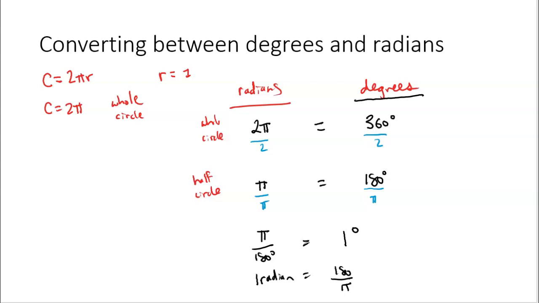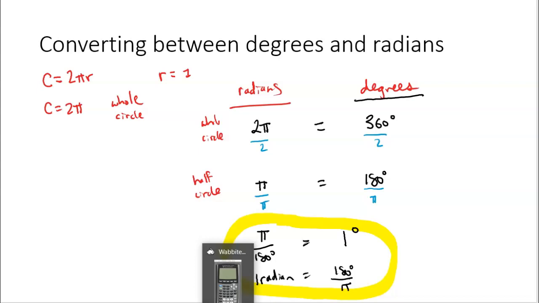So these two pieces of information that I'm going to highlight are going to be used in our converting. I want you to think about pi over 180 being 1 degree, and 180 over pi being 1 radian. Again, you don't need the word radian. So how can I use these two conversions?